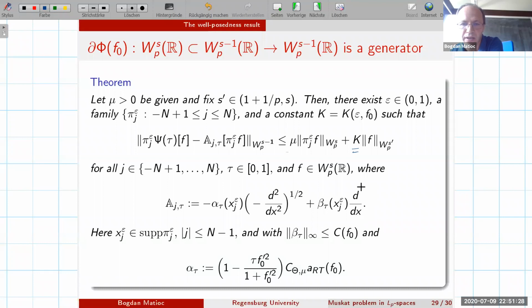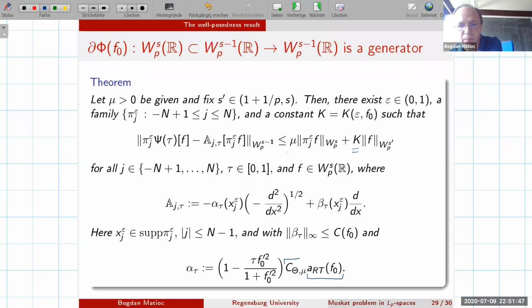So we have here d over dx. This is a bounded function. B tau is a function bounded by a constant which depends only on f naught. And it is important that these coefficients have a sign. They are positive, namely alpha tau. We have here the Rayleigh-Taylor function for f naught.